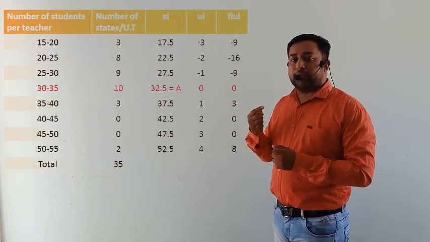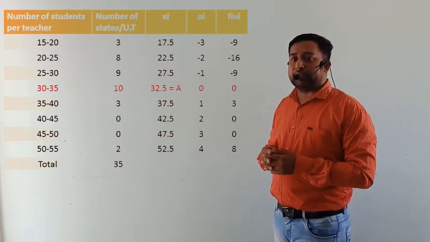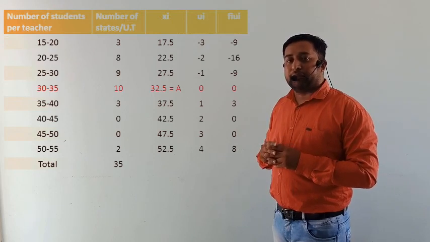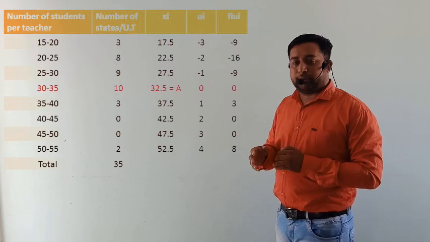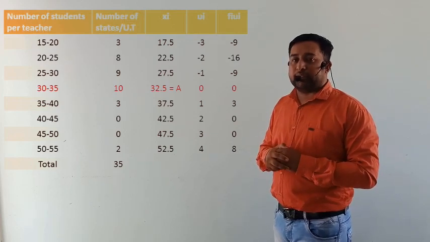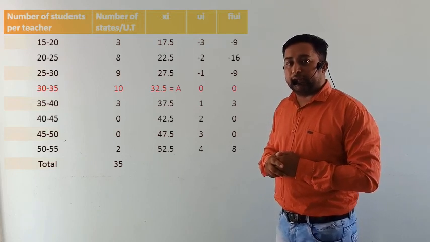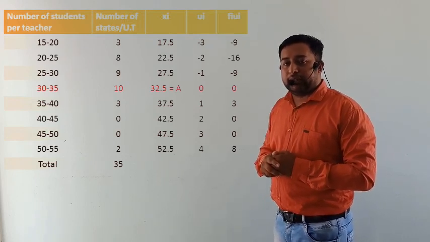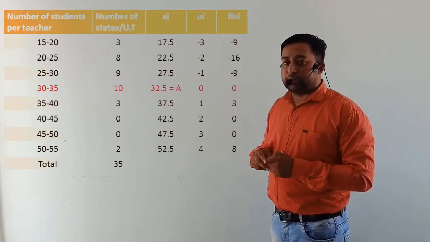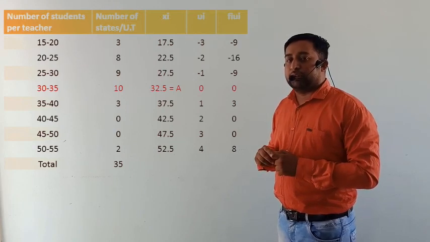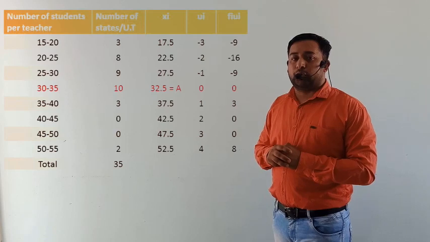Minus 34 plus 11, so my sigma FiUi will be minus 23. Now let's check the sum of frequencies, which is sigma Fi. 3 plus 8 is 11, plus 9 is 20, plus 10 is 30, plus 3 is 33, plus 0 is 33, plus 0 is 33, plus 2 is 35. And my assumed mean is 32.5.